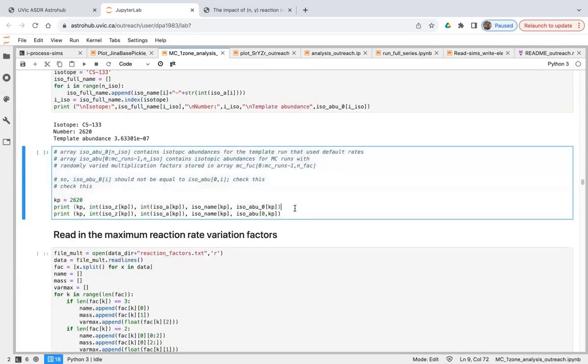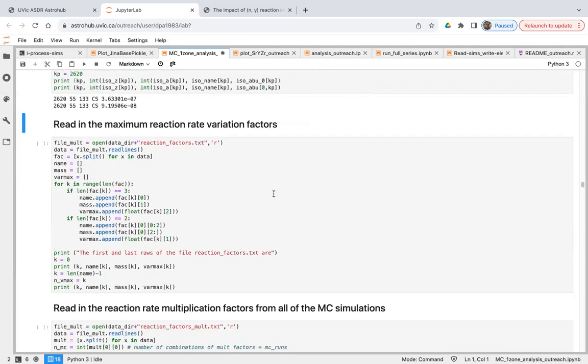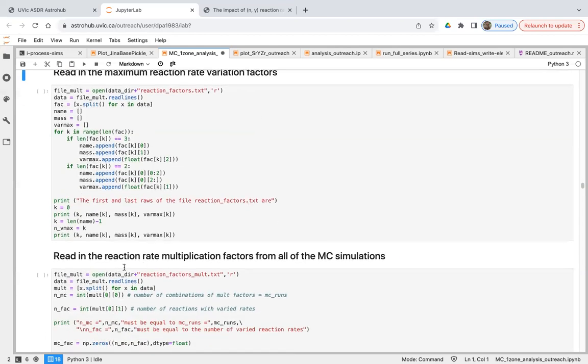Now, in order to do analysis of Monte Carlo results, we need not only elemental and isotopic abundances, but we also need to read in the maximum reaction rate variation factors that we used in our calculations, as well as individual reaction rate multiplication factors.